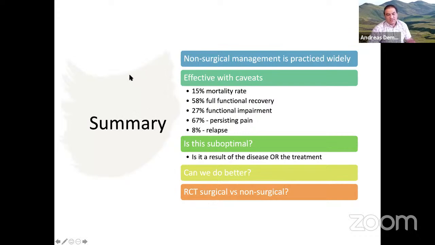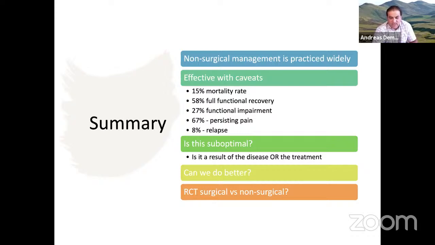So to summarize, non-surgical management is practiced widely, contrary to some people's opinions. It is effective, but it does carry caveats. In our series of 100 unselected consecutive patients looked at retrospectively, there was a 15% mortality rate, a 58% full functional recovery, a 27% functional impairment, 67% persisting pain, and 8% relapse.